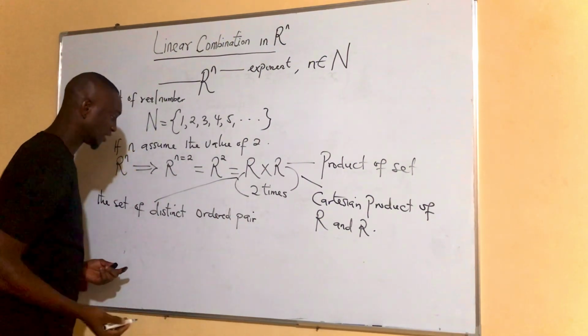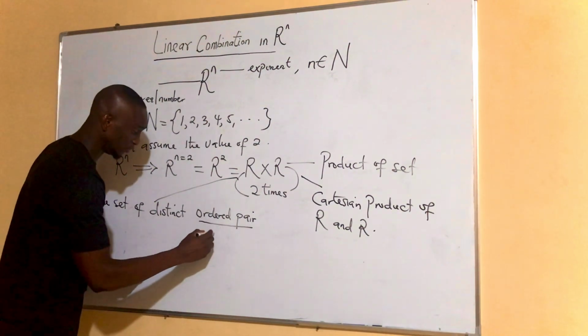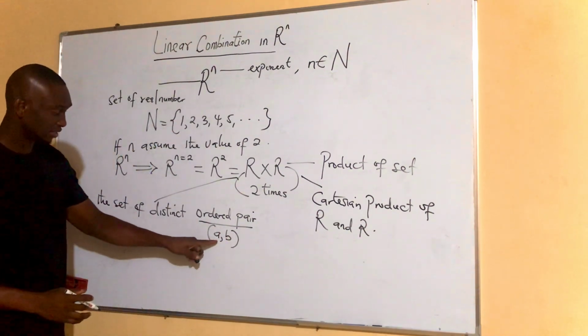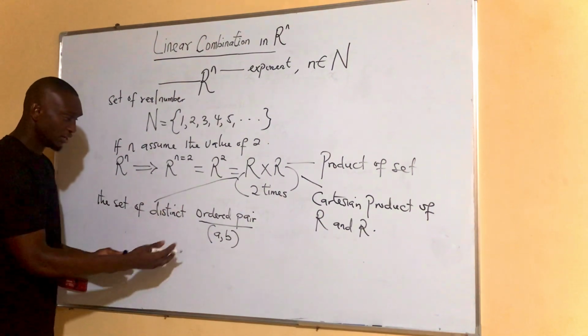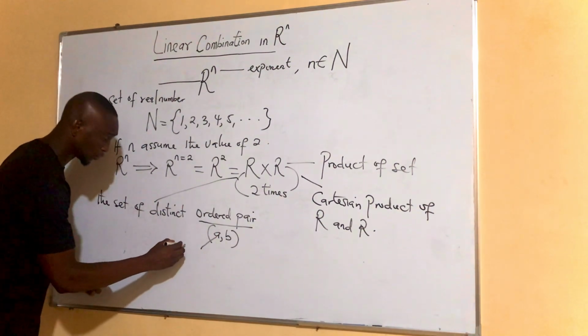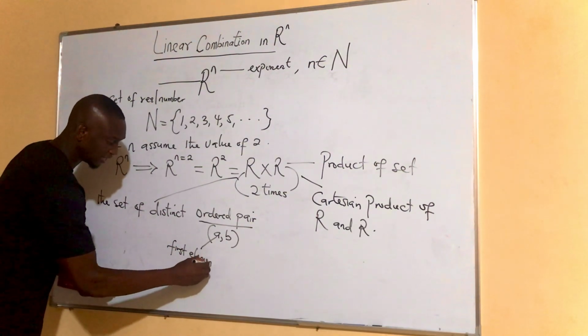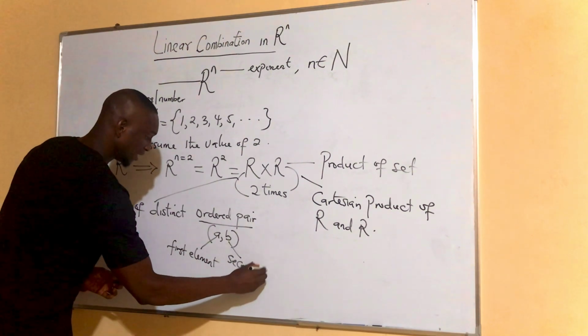And when we talk about an ordered pair, this is how an ordered pair is written. In this ordered pair, A here is called the first element, while B is called the second element.